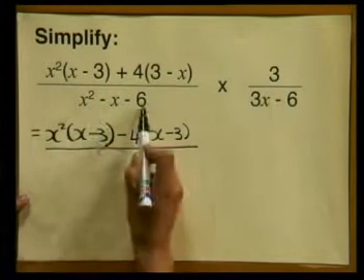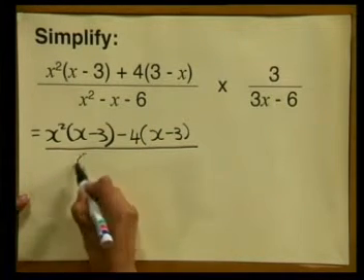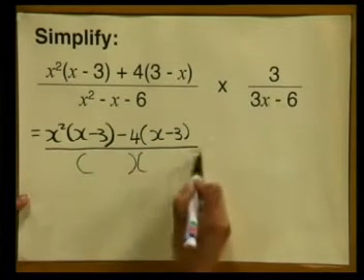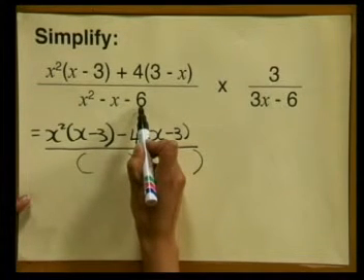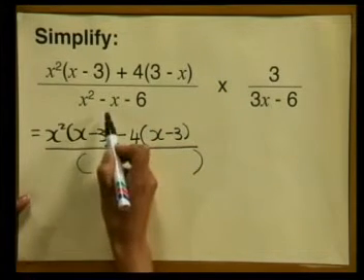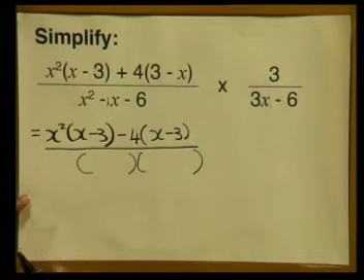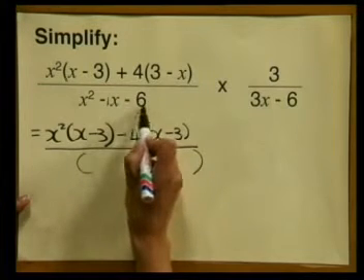Now, we should recognize our denominator. It's a trinomial. Straight away, we write down our two brackets. Now we say, what two numbers multiplied together give us minus 6 and would add up to give us minus 1? Let's think about it. Minus 3 multiplied by 2 gives us minus 6.